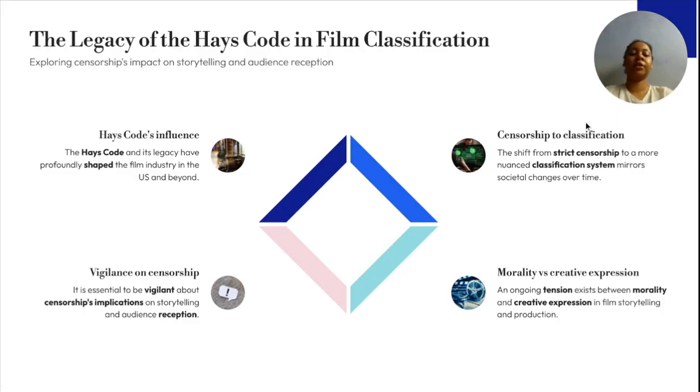So morality and creative expression, there is ongoing tension between that, and the Hays Code did bring it to light, really, because film storytelling and production are quite interconnected, because you are making a film.